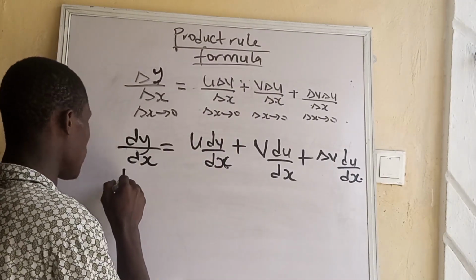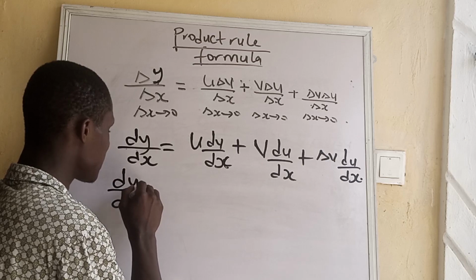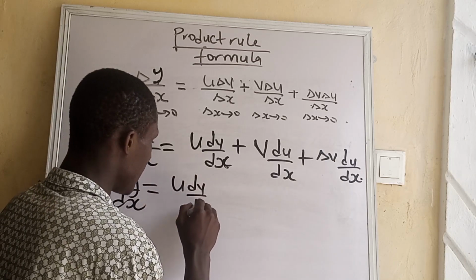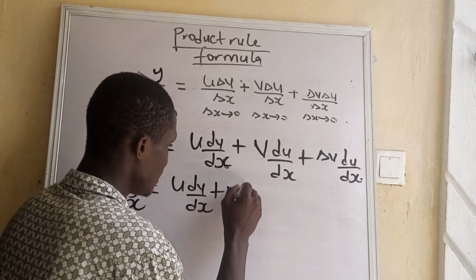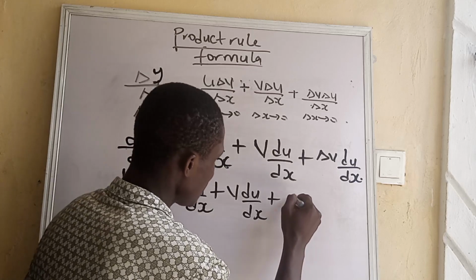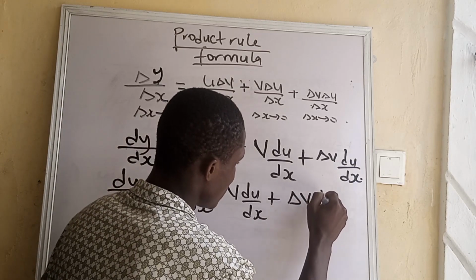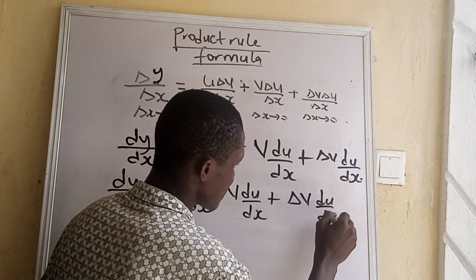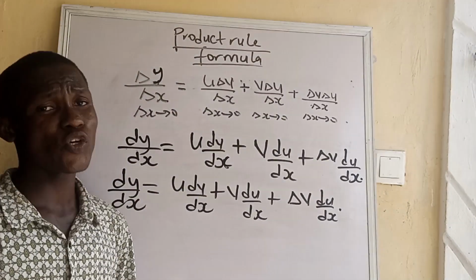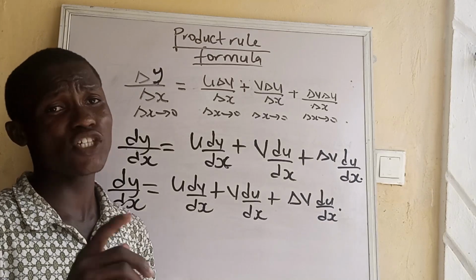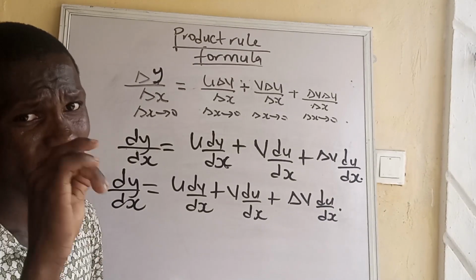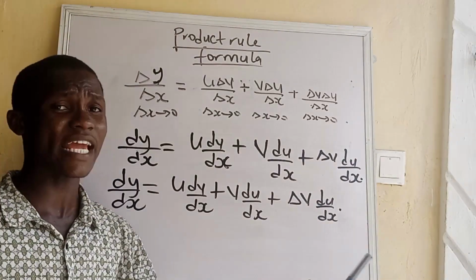So by the time we do that, we are going to have dy over dx is equal to u dv over dx plus v du over dx plus delta v du over dx. And as you can recall from the beginning, I said you are going to limit delta u and delta v and delta s to 0. In other words, wherever you are seeing each of them, you are putting 0 there.